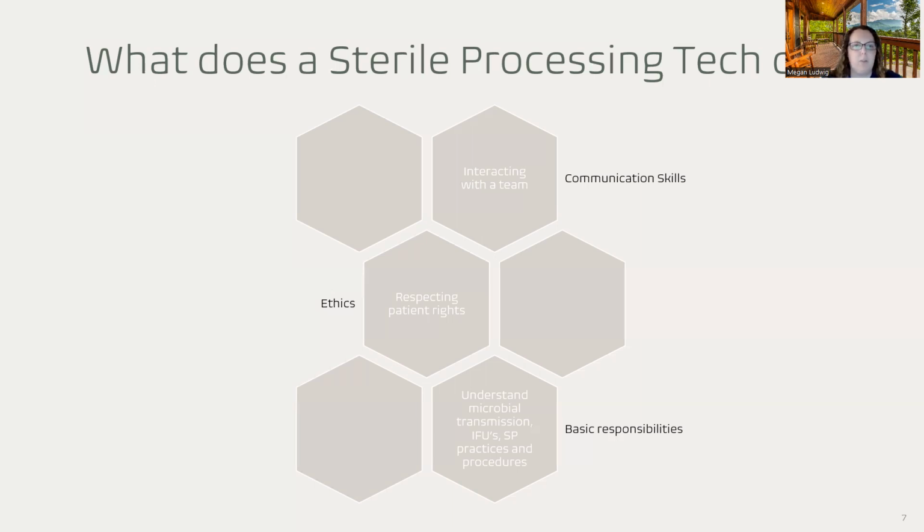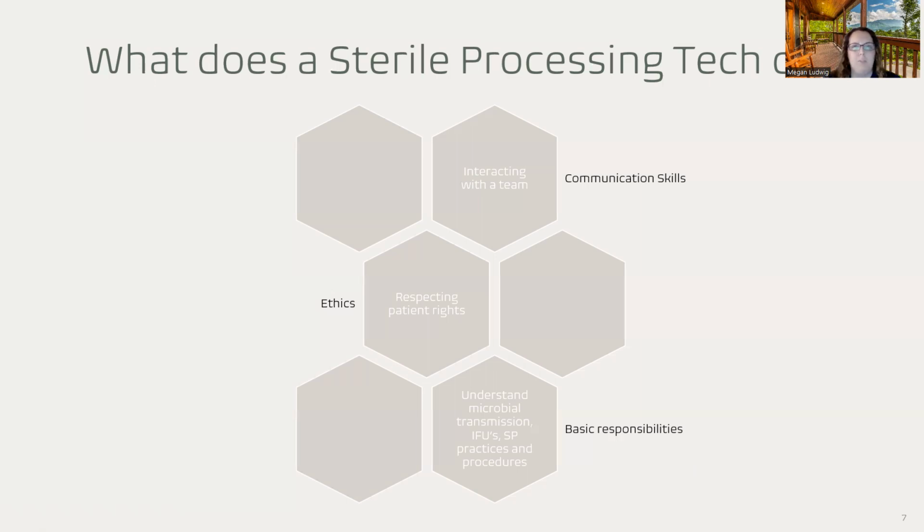You have to respect the patient's rights too. They have a right to good health care. That's why they came to your facility. Some other basic responsibilities, like I said, you're going to understand sterile processing techniques, why we have to study microbiology, how those germs work, so we know how to kill them. We will talk about IFUs, so instructions for use.